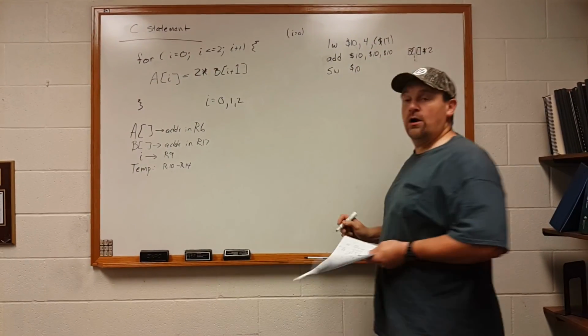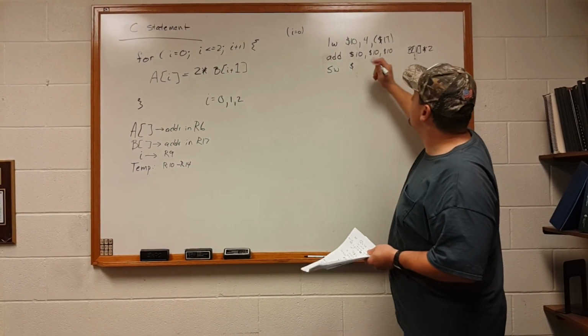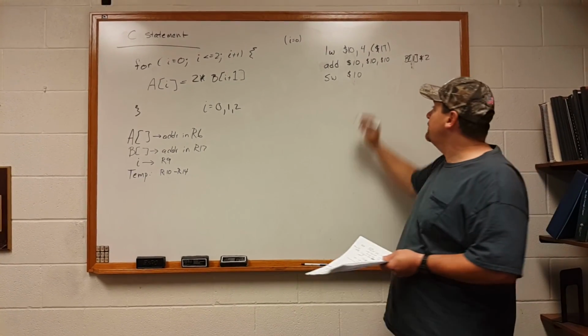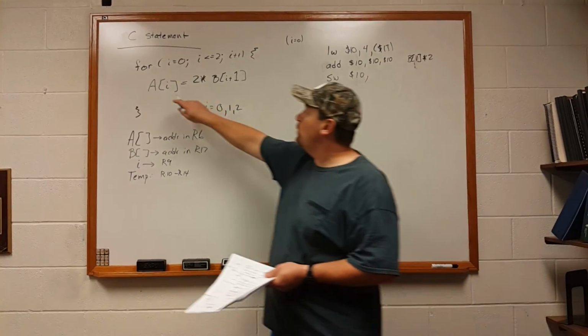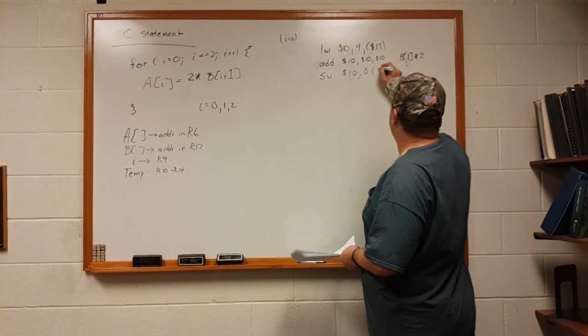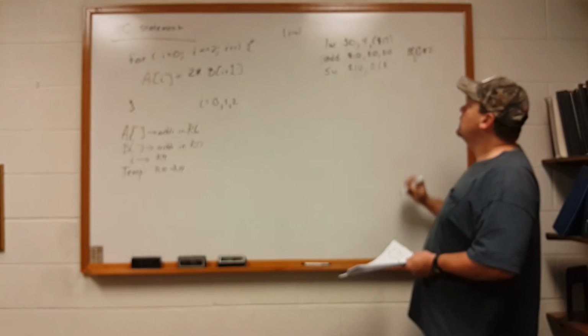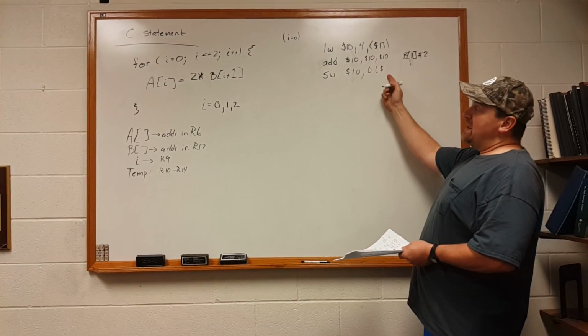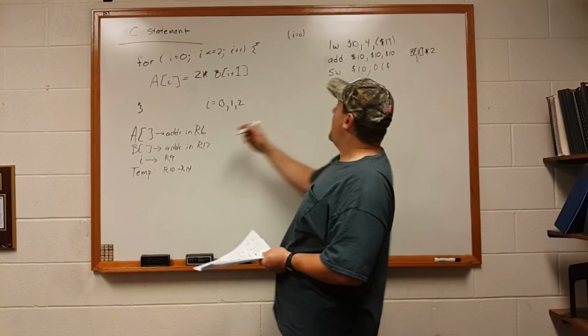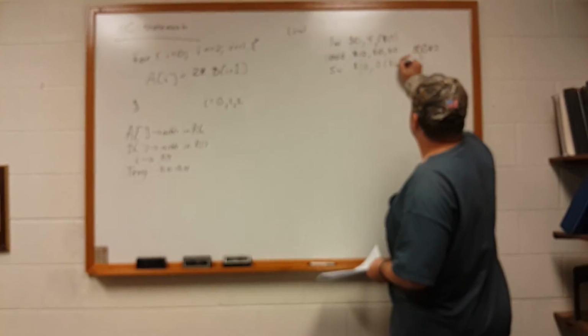Register 10 is going to be used as an argument. Now where do we want to put it? A of 0. So we're going to put 0 here. And where do we put it? Not in B's array, but in A's array, 6.